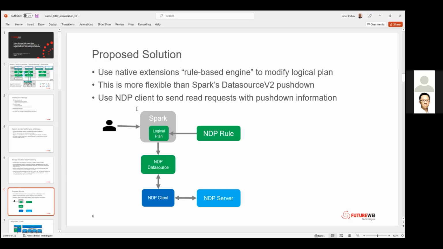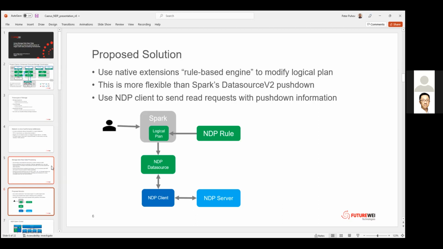Once the logical plan is optimized, it is instructed to use an NDP data source, which plays by all Spark data source rules, and which internally uses an NDP client, which is just a communication mechanism to the NDP server, which is storage.